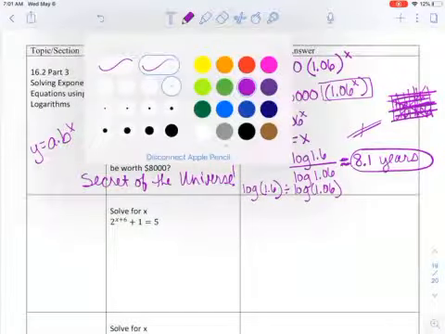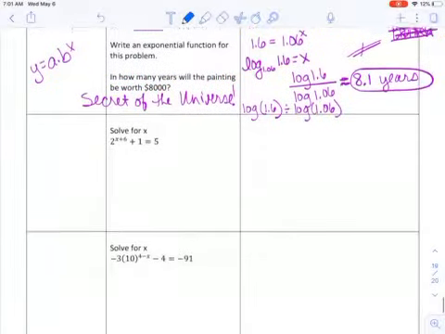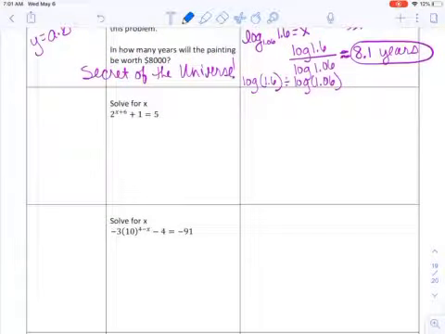Okay, let's look at some more examples on this. Okay, so solving for x on this. Again, we want to get rid of all the extra stuff. So we're going to get rid of the 1. So 2 to the x plus 6 equals 4. And you might say to yourself, wait, I could do that with common bases.